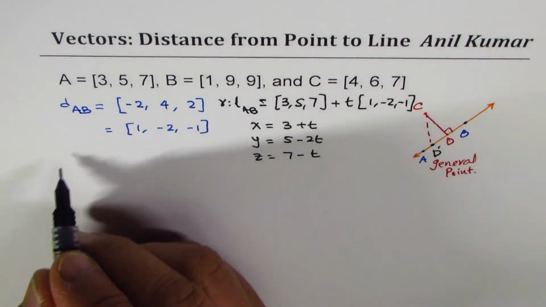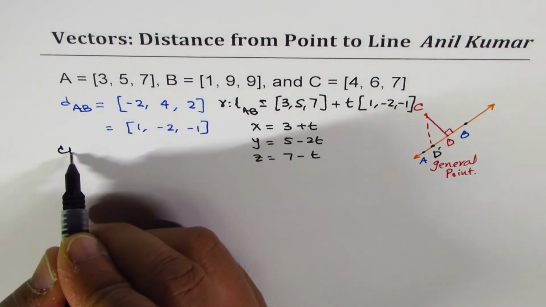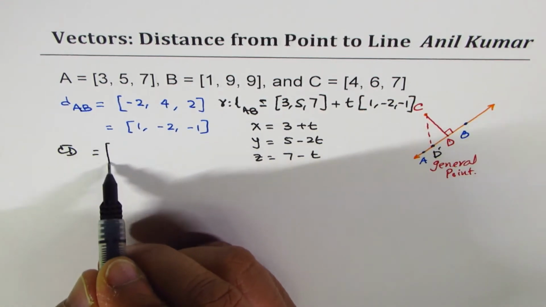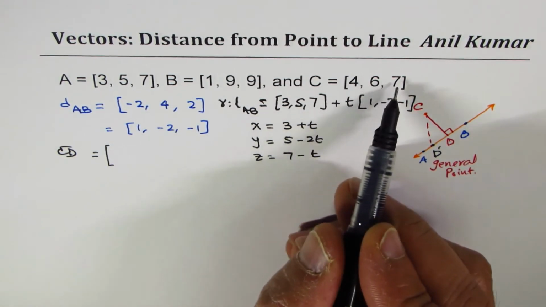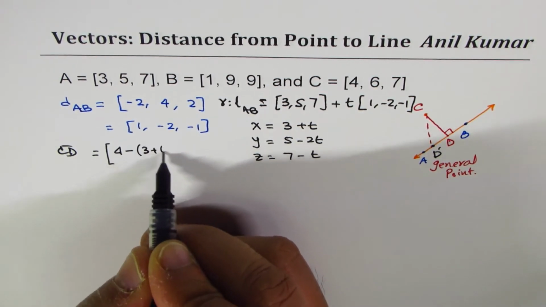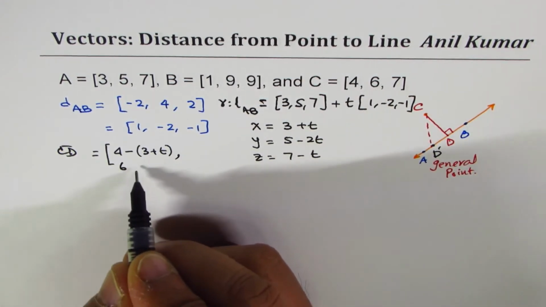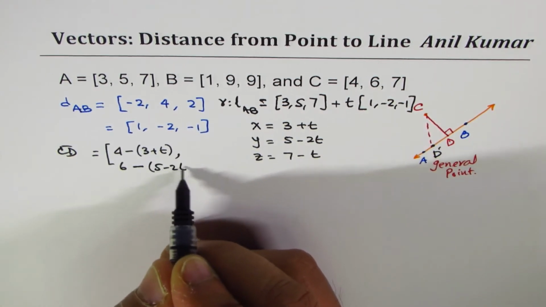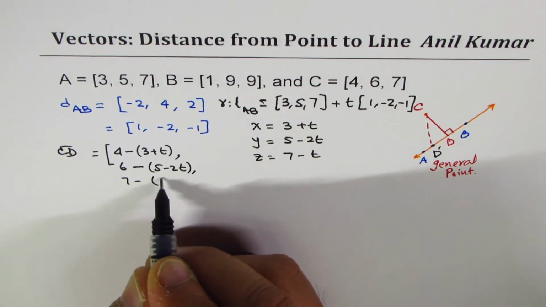If I connect CD dash, how can I write CD dash? The x values change. C is 4, 6, 7, right? So it is 4 minus (3 plus t), then 6 minus (5 minus 2t), and 7 minus (7 minus t).